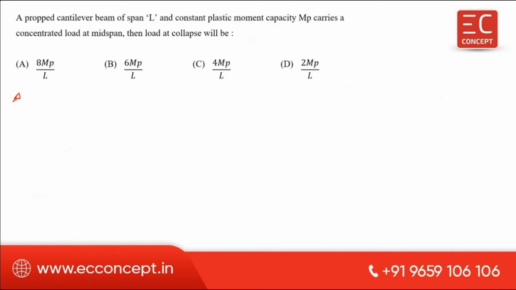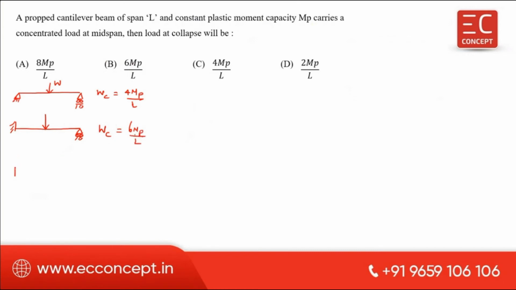For a simply supported beam which is subjected to central point load W, you know the collapse load is equal to 4Mp by L. At the same time, a propped cantilever which is subjected to center point load, then the collapse load is equal to 6Mp divided by L.